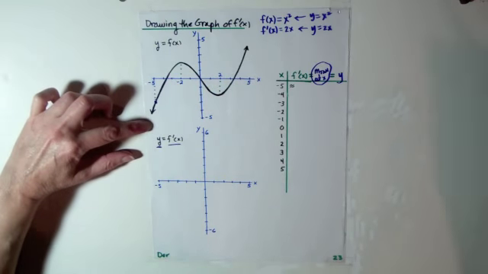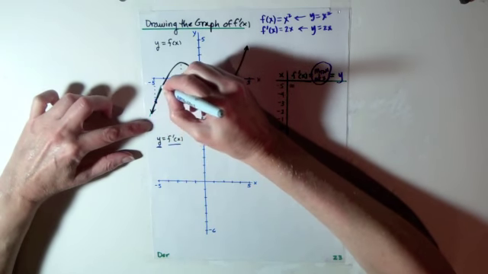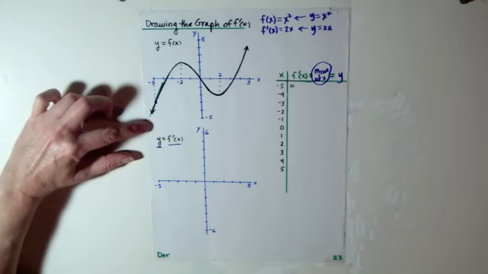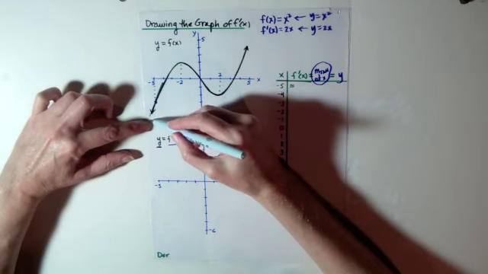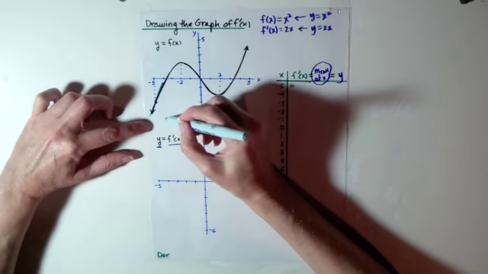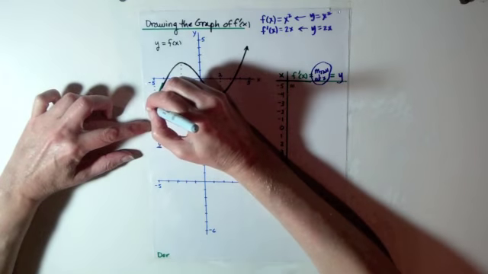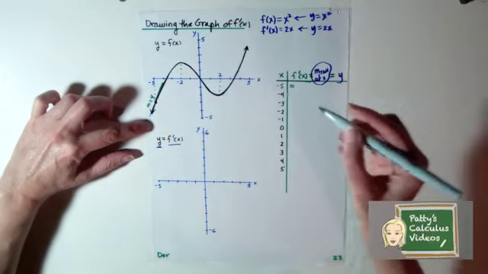Let me do it in another color because that's hard to see. So my tangent line looks maybe something like this. And what I do is just estimate what the slope of that line is. It moves up as I move to the right, so it has a positive slope. It looks fairly steep, so maybe the slope of that line might be equal to 4. So I just write that in here.